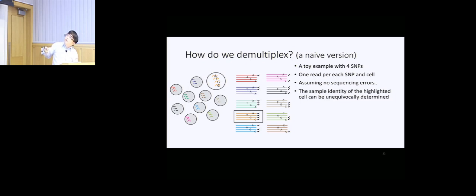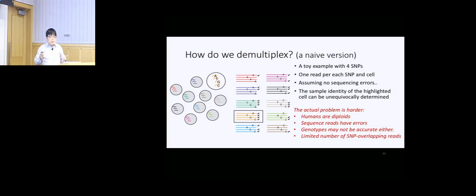Only this one matches exactly with this set of reads. If there are no sequencing errors, then just having these four different reads from 4 different SNPs should be enough to deconvolute the sample identity in this particular scenario.